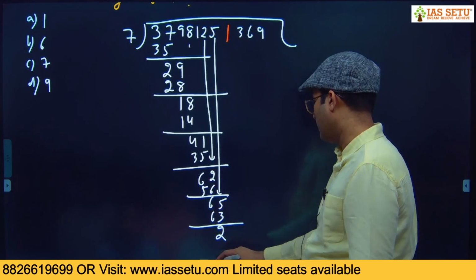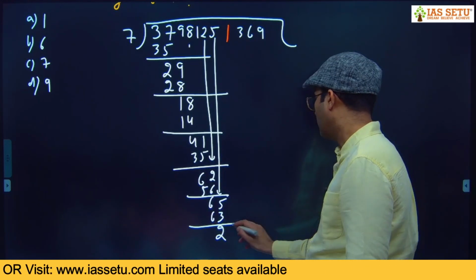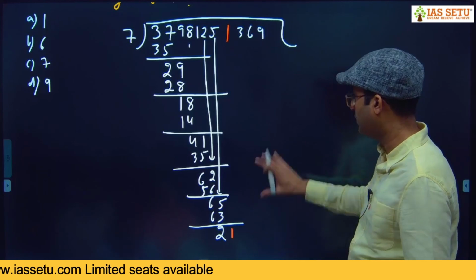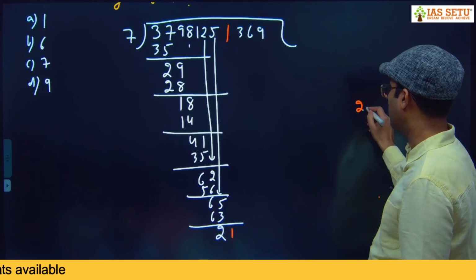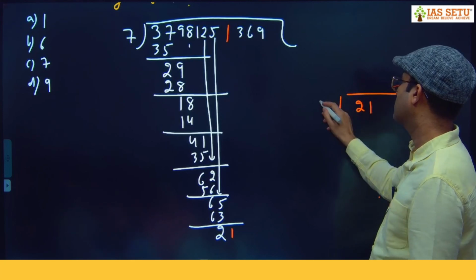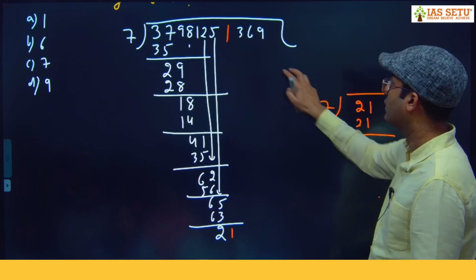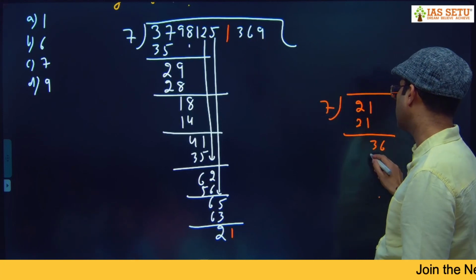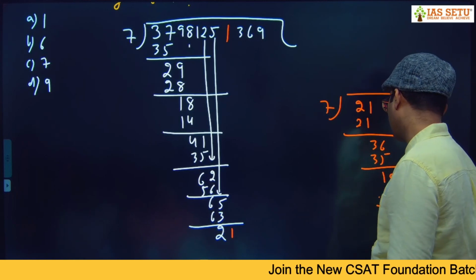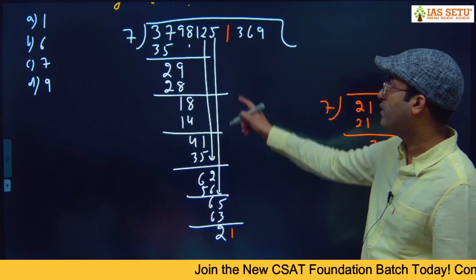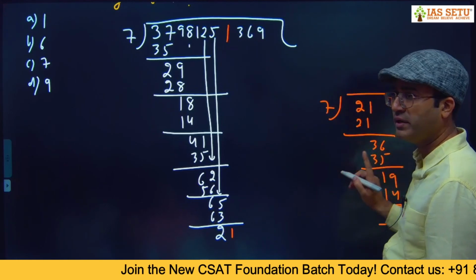Now I take 1. I write here. ठीक है, यहाँ पे लिखूंगा. इस स्पेस नहीं है. 21, 7, 21. Then I take the next two digits, 36, 35, 19, 14, remainder 5. If I put 1 here, I get remainder 5.